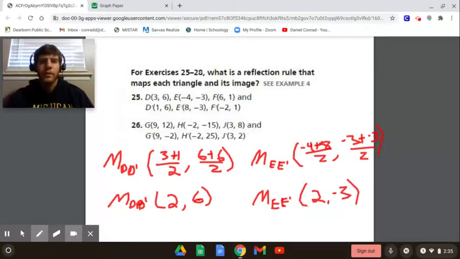You can do y equals mx plus b, or point slope form would also work, but y equals mx plus b is probably how you guys do it the most. So that's what we'll do here.